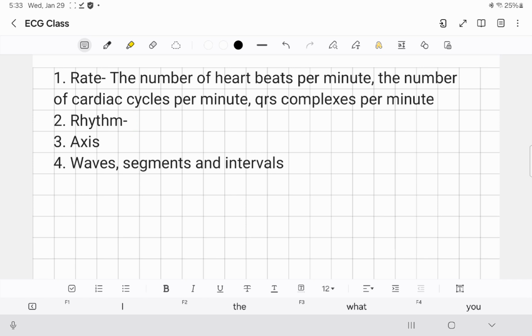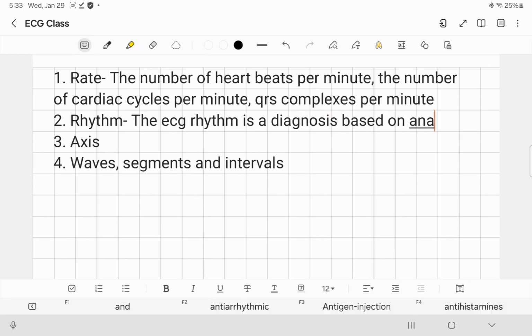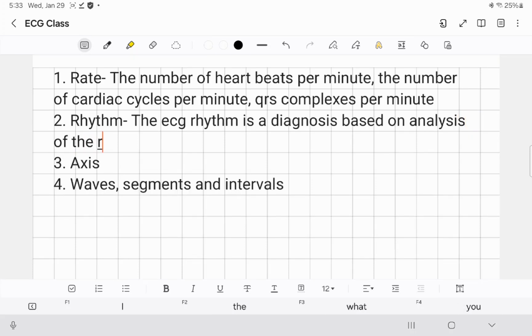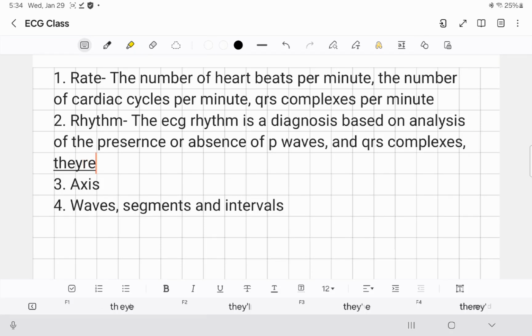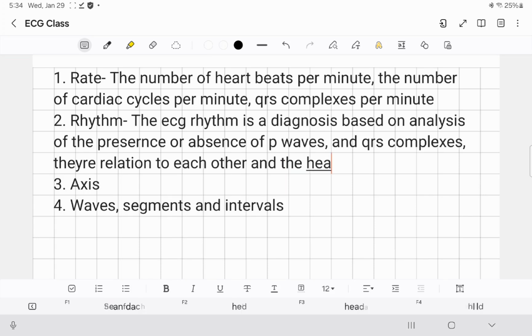So this is basically what the rhythm is, right? The ECG rhythm is a diagnosis, right, based on analysis of the presence or absence of P waves and QRS complexes, their relation to each other, and the heart rate.